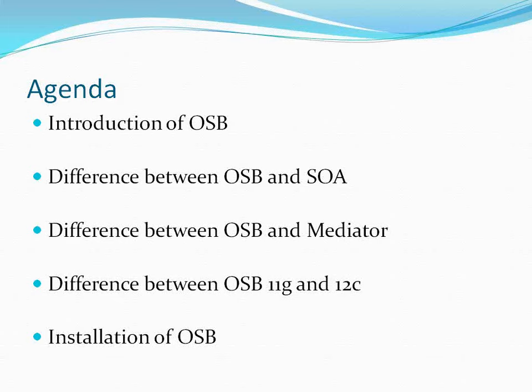The third thing is throttling. As you know, every system has its own limitations, right? Suppose your source is a supercomputer and your target is a legacy system, and that legacy system cannot handle more than 10 requests per minute, but your source system can send 100 requests per minute. So how will this communication work? In that case, you can use throttling in OSB.